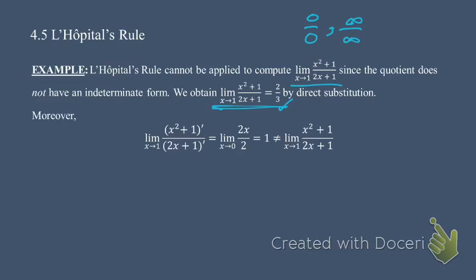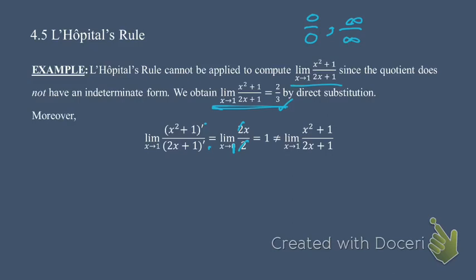Let's see what would have happened had we applied L'Hopital's rule. L'Hopital's rule says I would take the derivative of the numerator and the denominator, which would give me 2x over 2. The 2's would cancel, and I take the limit of x as x approaches 1. Oh yes, this should say 1 here, guys.